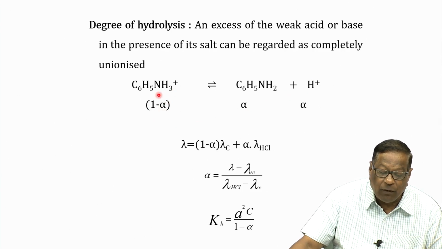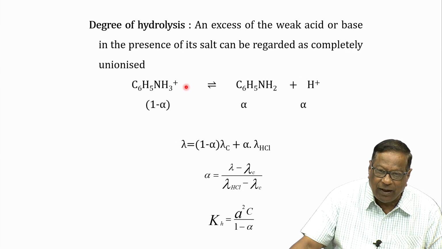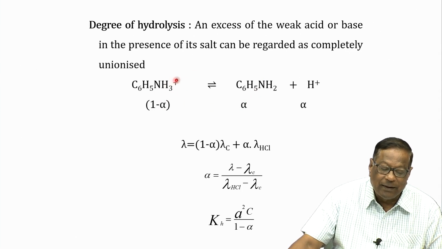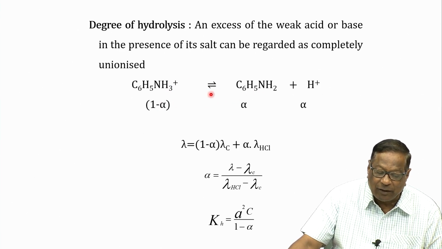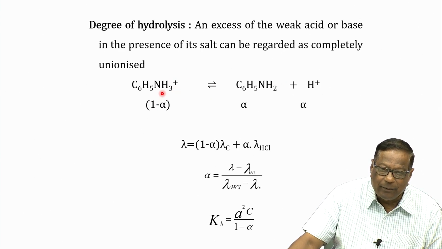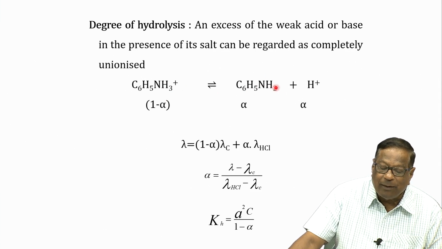Alpha molecules of C6H5NH3 will give you alpha ions. This is the ion, this is the molecule, but anyway the expression is the same. Alpha ions of protonated aniline can decompose to give you aniline and H plus.